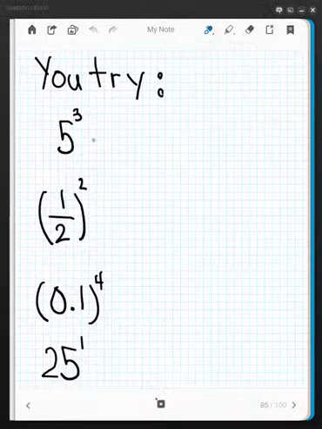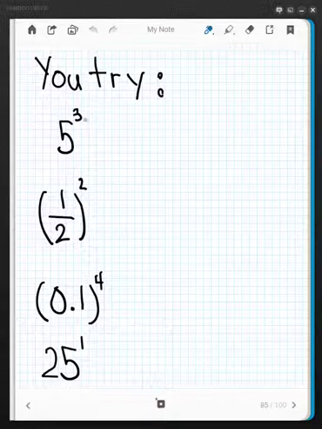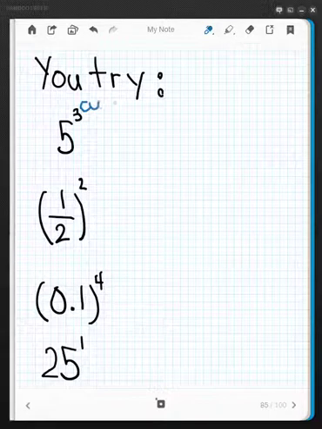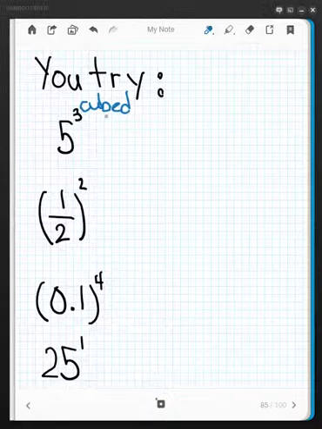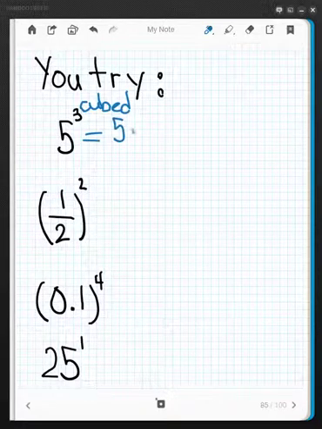All right, so our first one here says 5 to the third power. The third power also has a special name. We call this cubed, C-U-B-E-D. So it can be said as 5 to the third power or 5 cubed. This means 5 times 5 times 5.